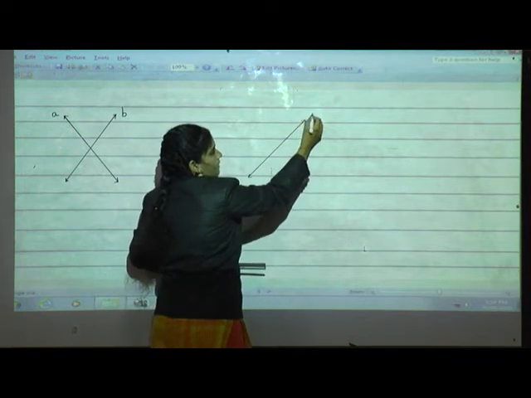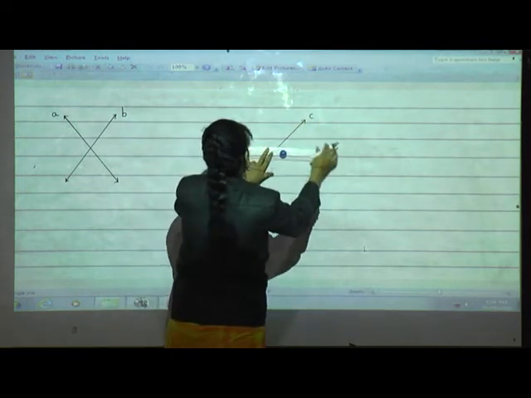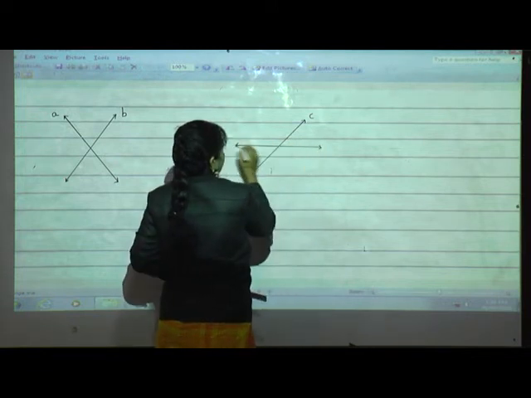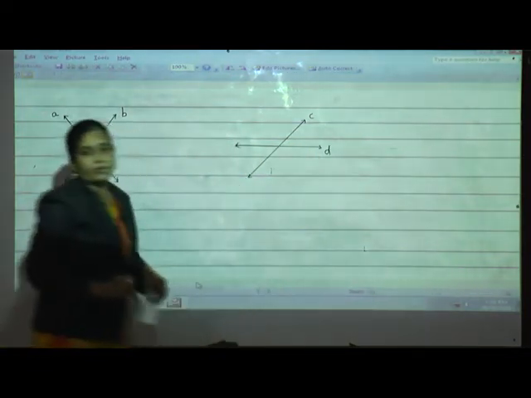Line C and line B. Now see students, no matter how they meet, they are in one plane.